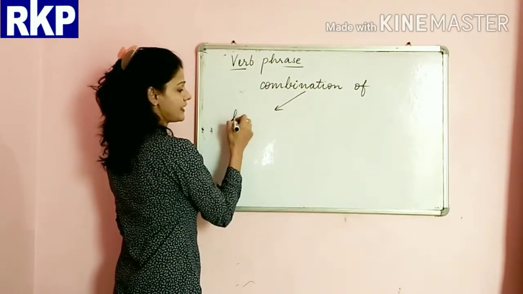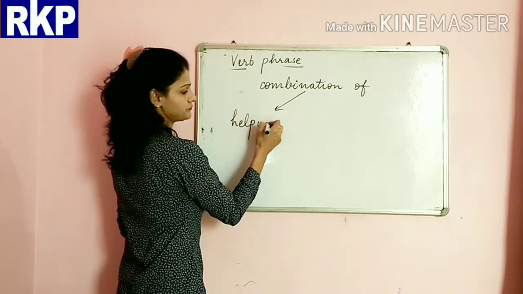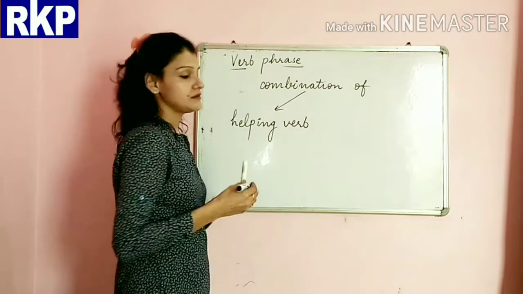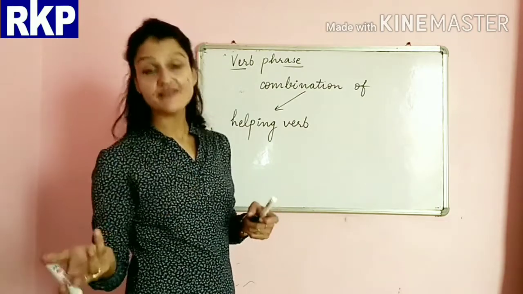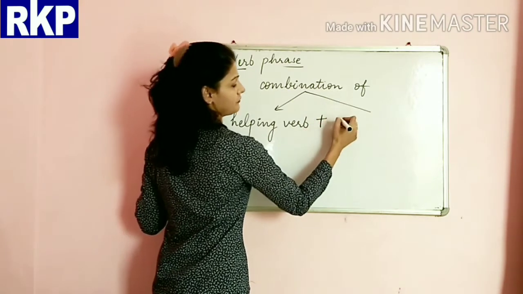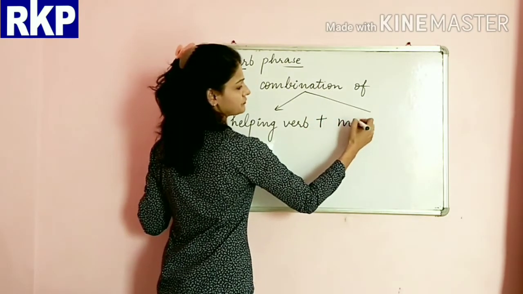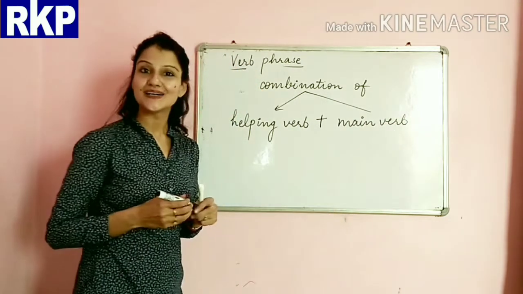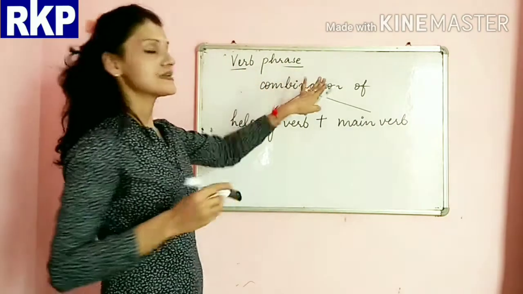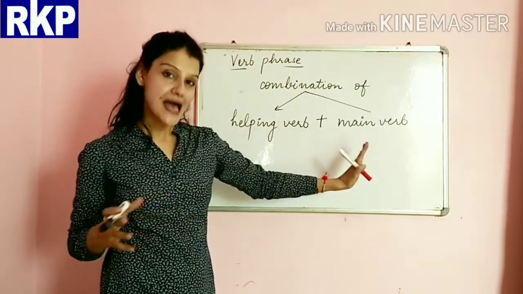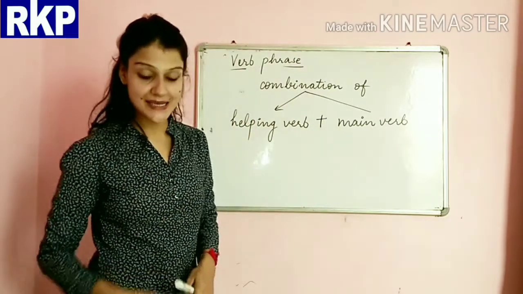A helping verb, or we can also say auxiliary verb, plus main verb. Understood? So verb phrase is a combination of a helping verb and the main verb in the sentence.